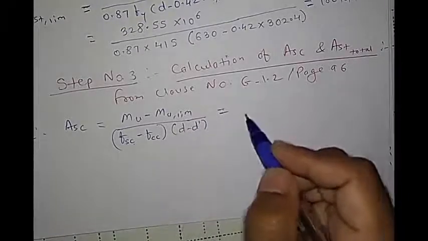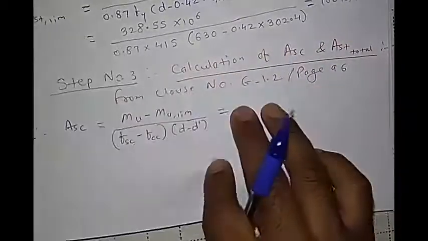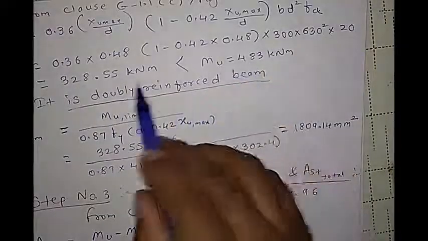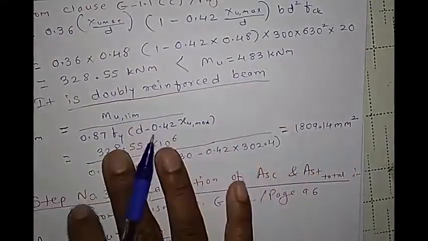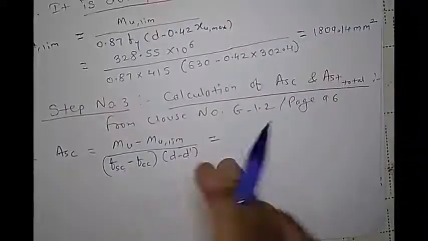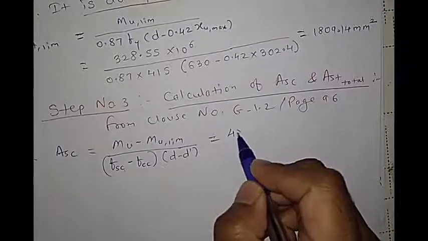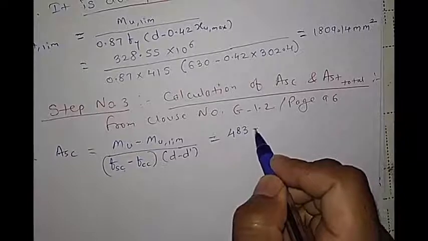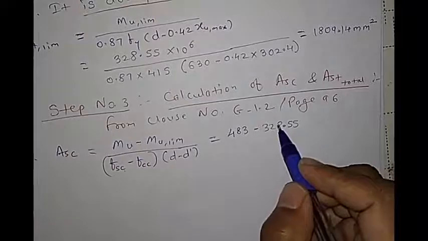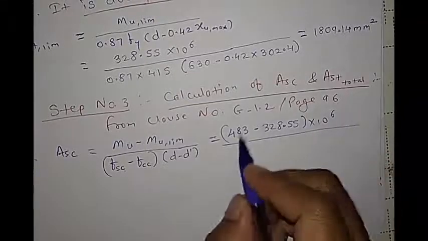It is equals to Mu, you got it here, total Mu, so this is Mu you got, and Mu limiting, that is 328. So here you will get it around 483 minus 328.55 multiplied by 10 to the power 6.